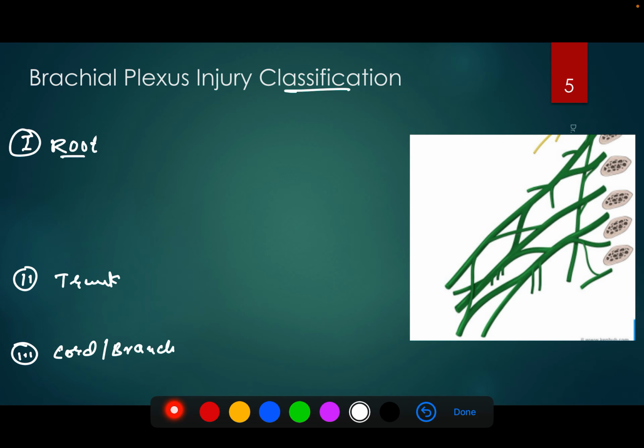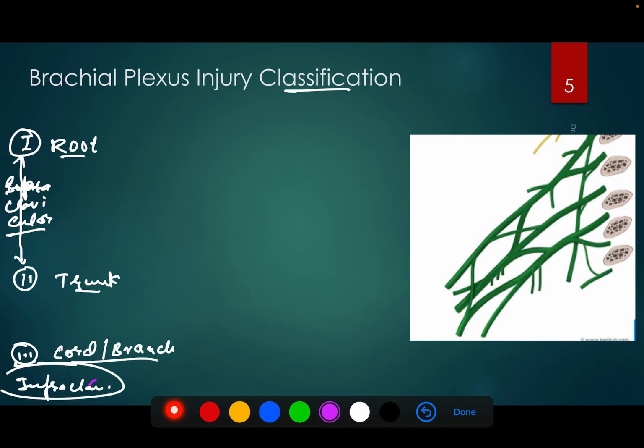These are the three types of brachial plexus injury. Among these, 1 and 2 are the supraclavicular injuries, and this one is the infraclavicular injury.